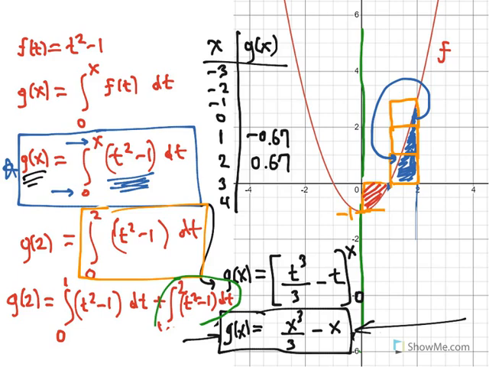But if you wanted to use this, let's find what g of 2 is. g of 2 would be 2 cubed, which is 8 over 3, minus 2. So you can write 2 as 6 over 3. So you have 8 over 3 minus 6 over 3, which is 2 over 3, and that is what we thought when we looked at the graph visually.